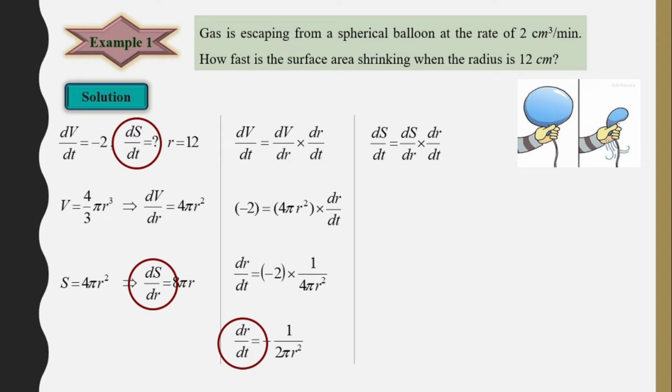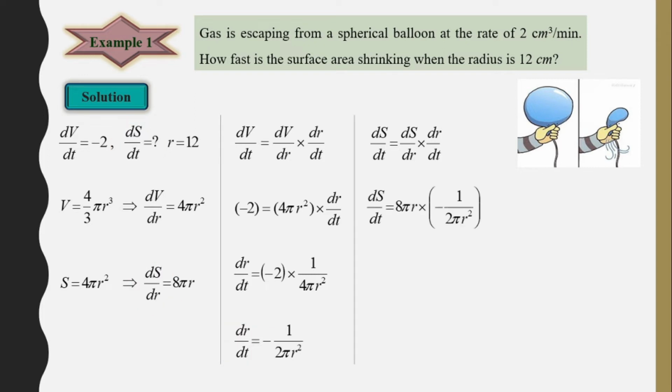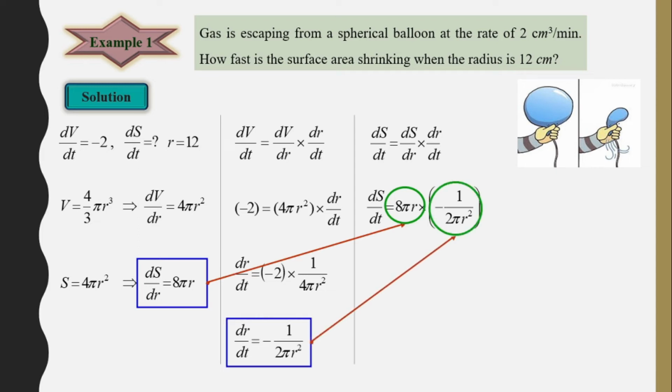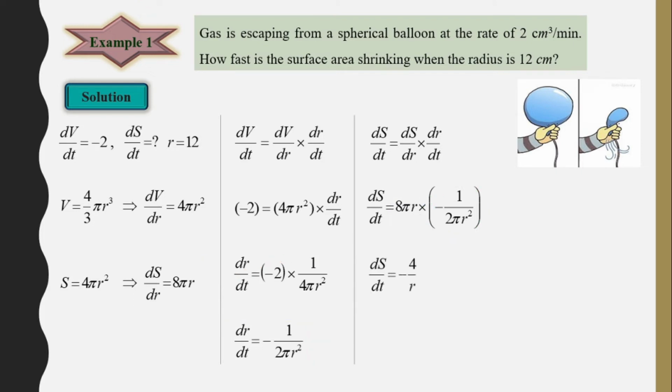Now, we substitute all the known rates and get dS/dt equal to 8 pi r times -1/(2 pi r squared). Simplify, we get dS/dt equal to -4/r.